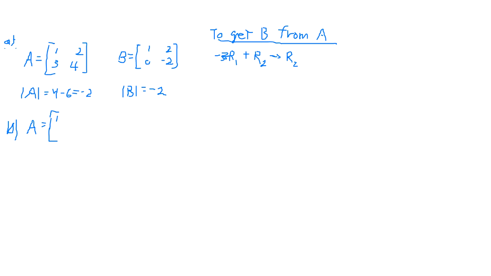All right, let's do something else here. We have 1, 2, 3, 4. I'm going to use the same matrix A. Maybe I'll try to separate things a little bit here.